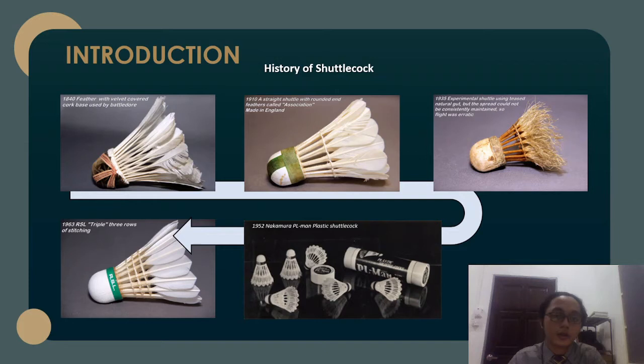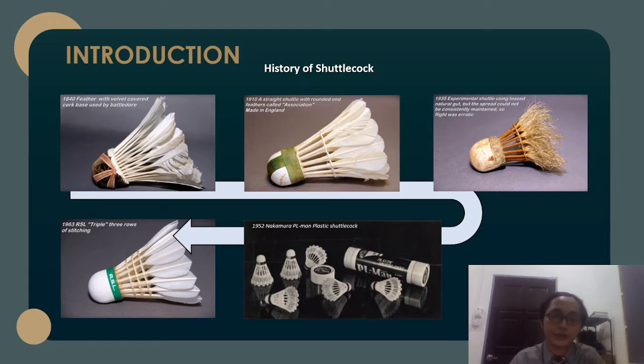The introduction. For history review, the shuttlecock story starts from 1840, with a feather shuttle with a velvet-covered cork base designed by Bertoldo. Then in 1910, a straight shuttle with rounded feathers was made in England. Then in 1935, an experimental shuttle using natural gut, but the shuttle was inconsistent in spread and erratic in flight.